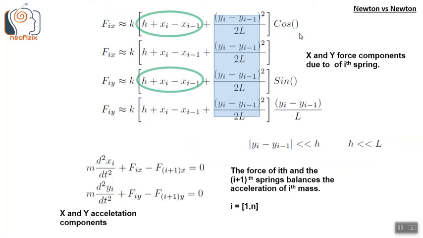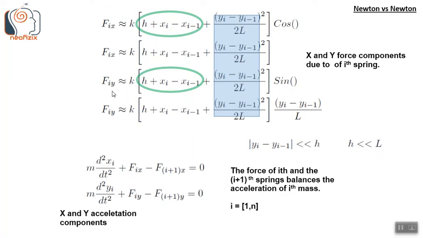Here, this angle inside the cosine function is the angular displacement of the new spring position with respect to the resting position of that spring. So this angle is close to 0, hence the cosine function will simply be 1, as shown in this step 2 equation.